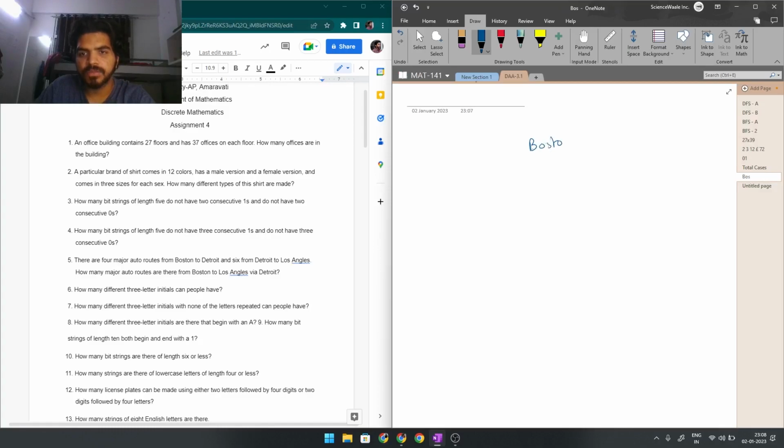This is Boston, and these are some stops in Detroit. There are four routes, four or six? Okay, four. There are four different routes from Boston.